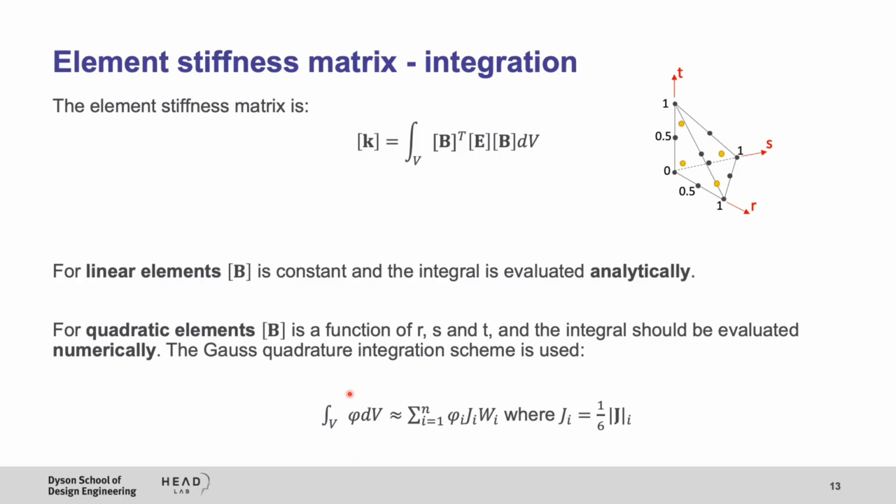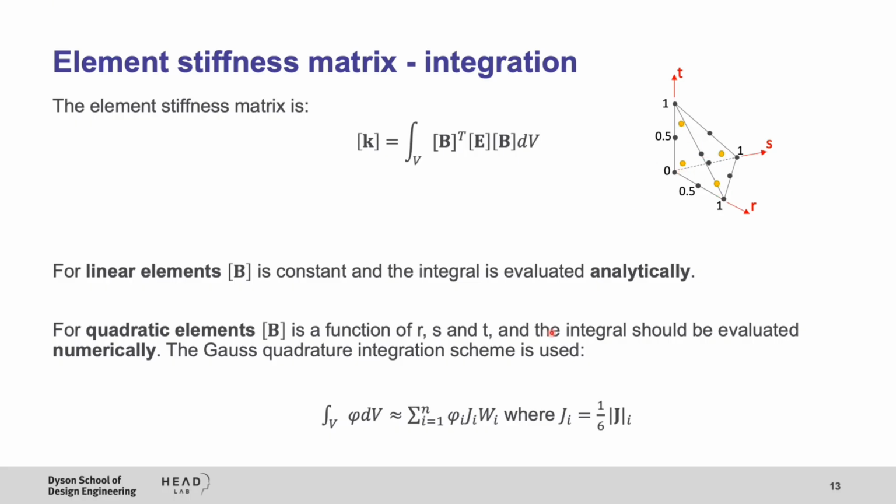which is like this. So if you have a scalar that you want to find its integral over a certain volume, you can break it down into sums, and you can essentially sample this scalar at different points within the volume. I have shown 4 points here, and these are called the Gauss points.